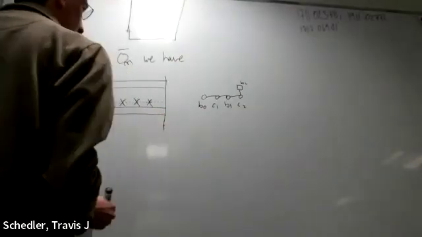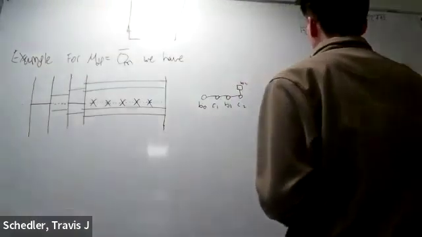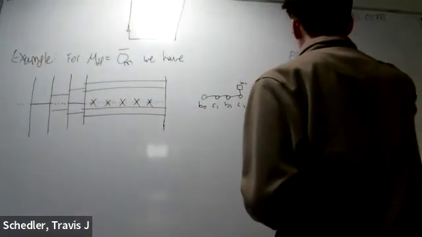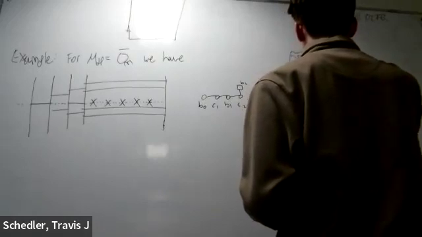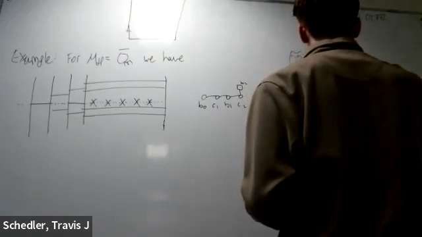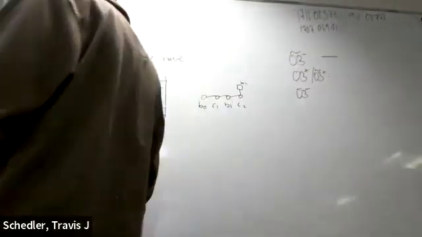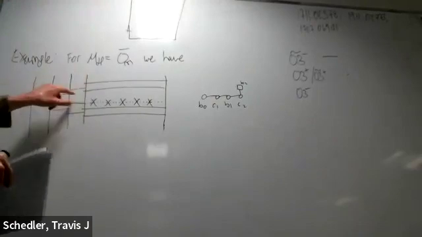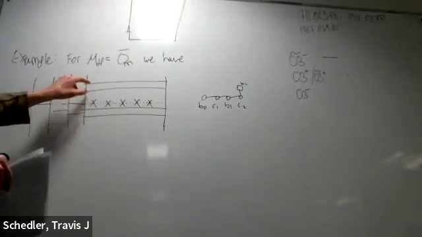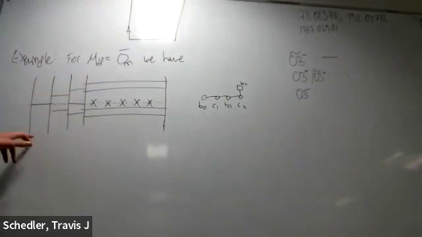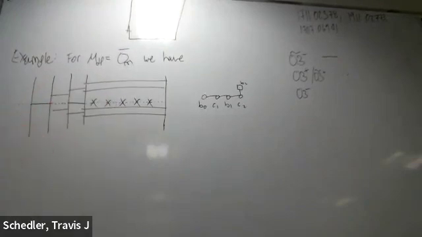As before, we have these horizontal lines which are D6 branes, and they're mirrored. These are our NS5 branes, and these are our D5 branes.